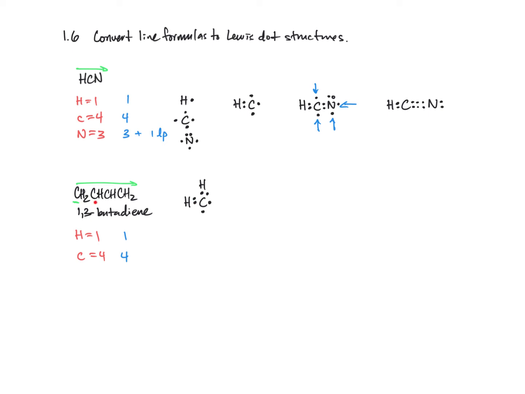Now we run into another carbon, so let's bond that to the existing carbon. That carbon has 1, 2, 3 remaining valence electrons. We see that it's bonded to 1 hydrogen, so let's stick that in. H supplies an electron.